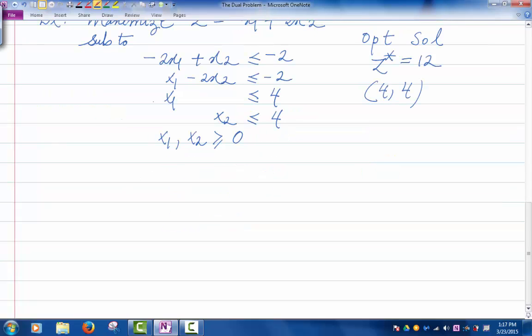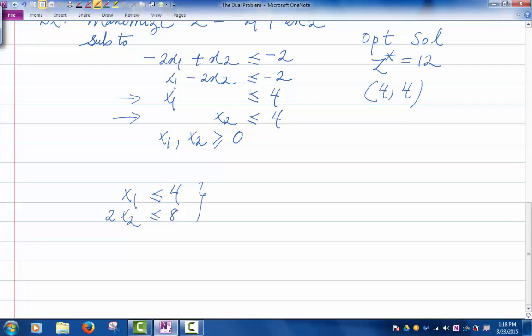So if you multiply the third one by 1, you get x1 less than or equal to 4. And if you multiply the second one by 2, right, you get what? You get 2x2 less than or equal to 8.